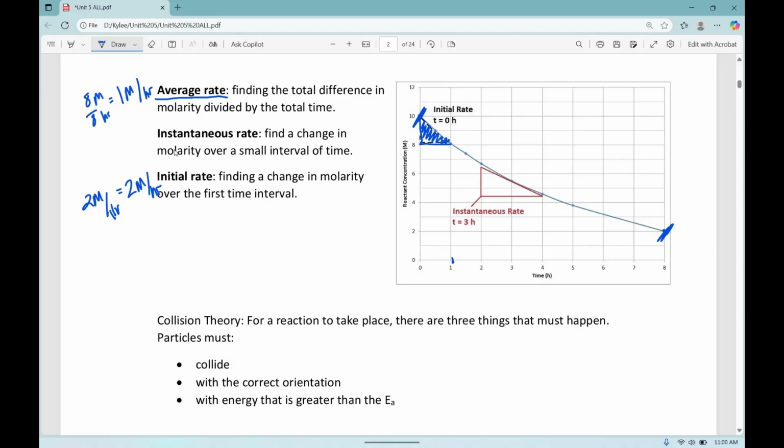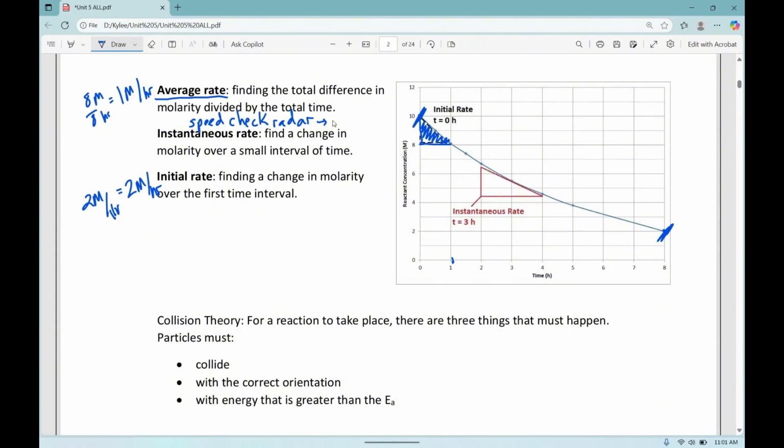And then finally, we have what's called an instantaneous rate. And an instantaneous rate, I like to think of as when you get caught with a speed check radar. So this is an example of when someone is getting pulled over, the officer says, well, you were going 70. And what they mean is that 1 second that they checked you were going 70.